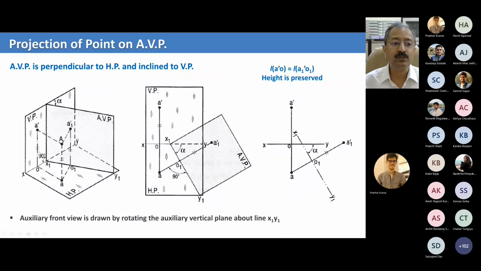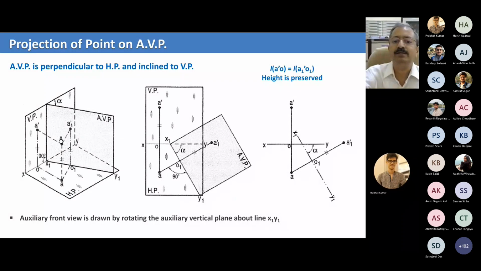Because OA dash is this one on the vertical plane, and O1 A1 dash is now this point on the auxiliary vertical plane. We have just flattened it. If you put it back again on the horizontal plane, that is O1 A1 dash for you. Just visualize it. On the right side, you see the same thing, but drawn without the planes.